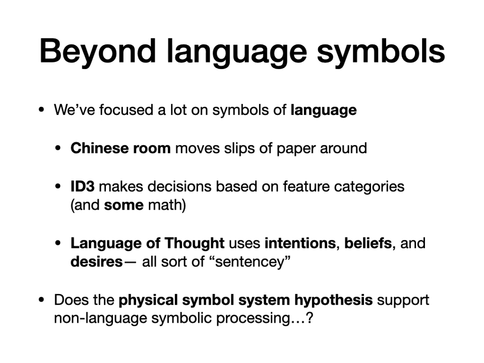So, beyond just language and symbols and what we've been talking about here, we've been focusing a lot on language, right? The idea that Chinese room is all about moving slips of paper around that have language in them. ID3 is based on feature categories.